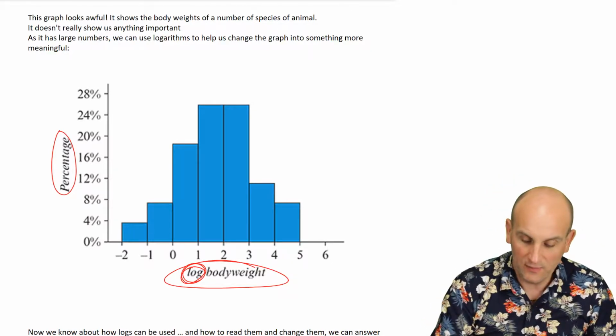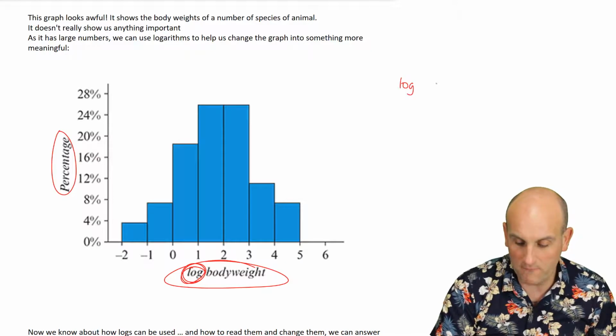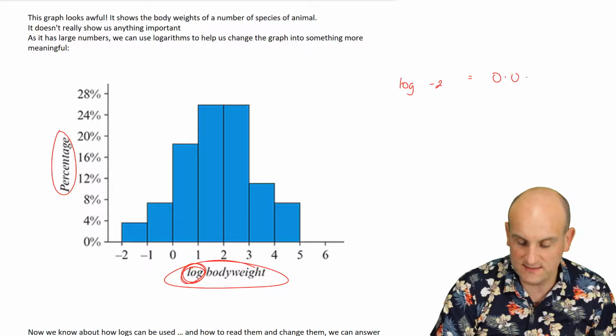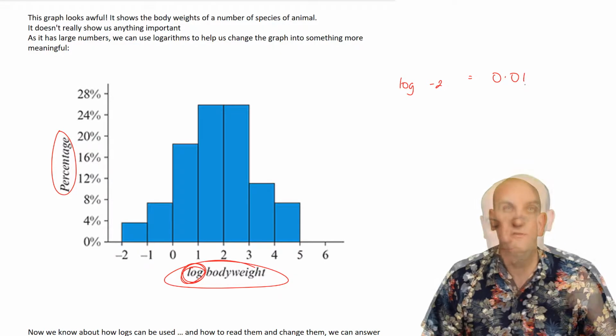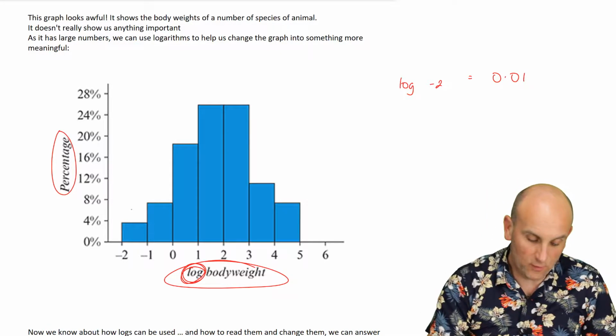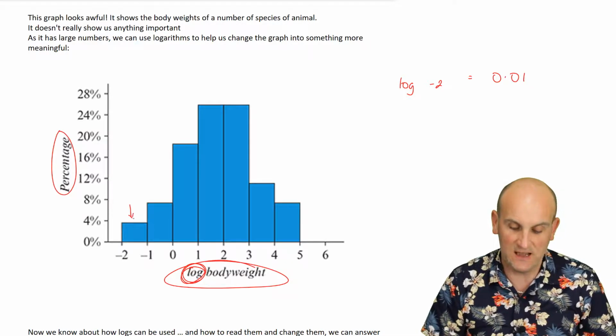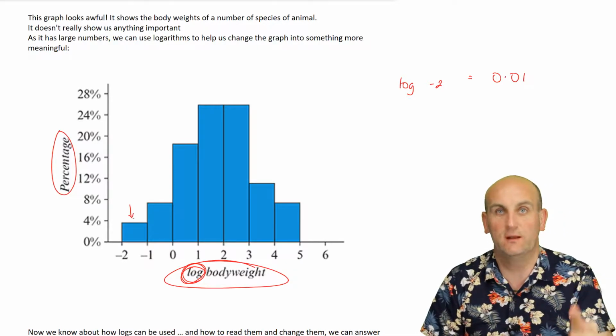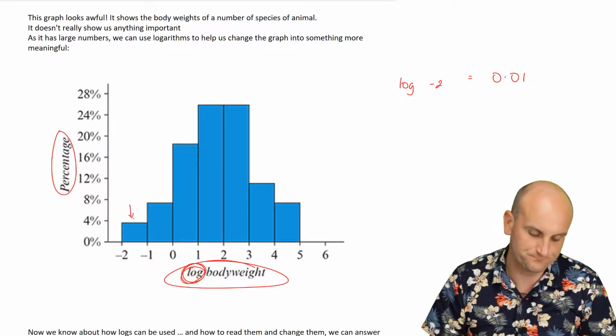And if you remember that a log value of -2 is equal to 0.01, okay? So that's like a really, really small. So obviously a percentage of the animals here had a very small body weight, maybe an ant, for example.